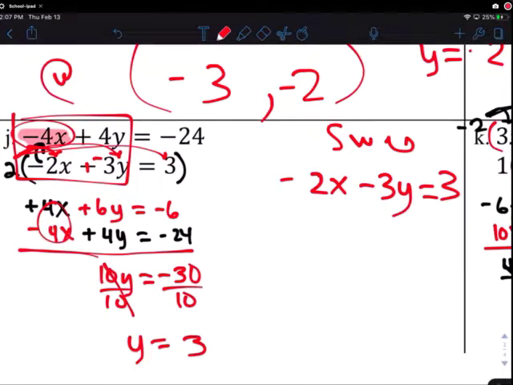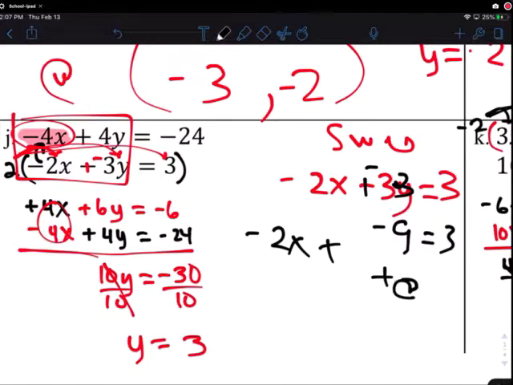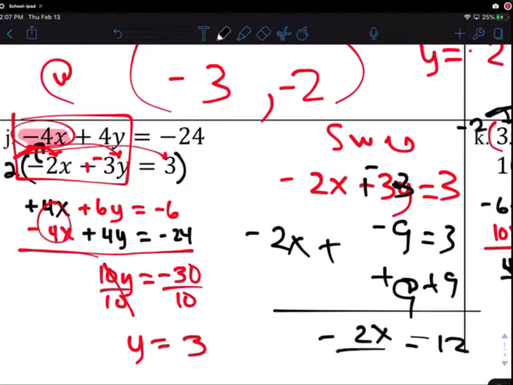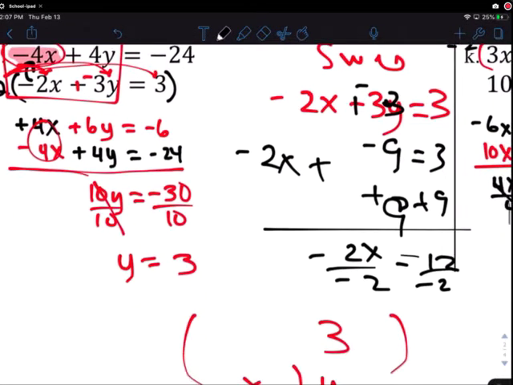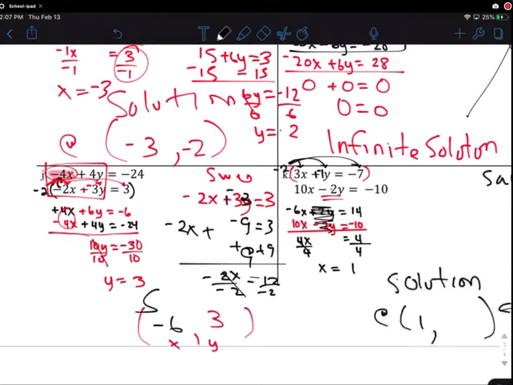Okay, put y as negative 3, additive inverse, that's negative 9, negative 2x plus that equals 3, add 9, got 12 equals negative 2x, divide by negative 2, x is negative 6. So this is the one solution, or you can use the word solution here.